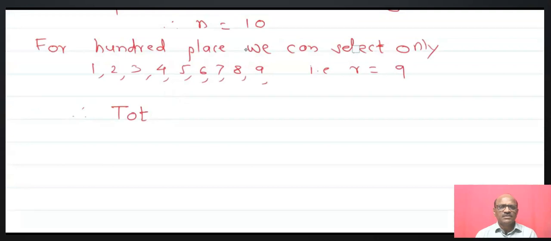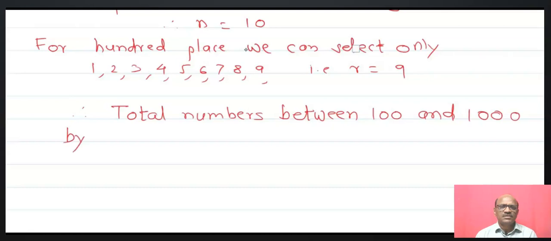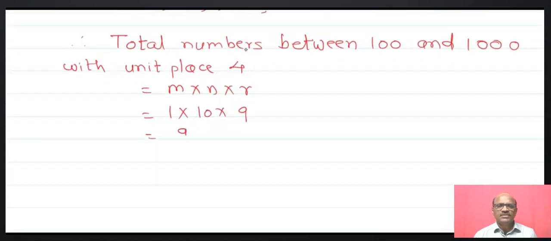Therefore, total number of the numbers between 100 and 1000 with the unit place 4, by principle of multiplication, is equal to m into n into r, that is 1 into 10 into 9, that is equal to 90.